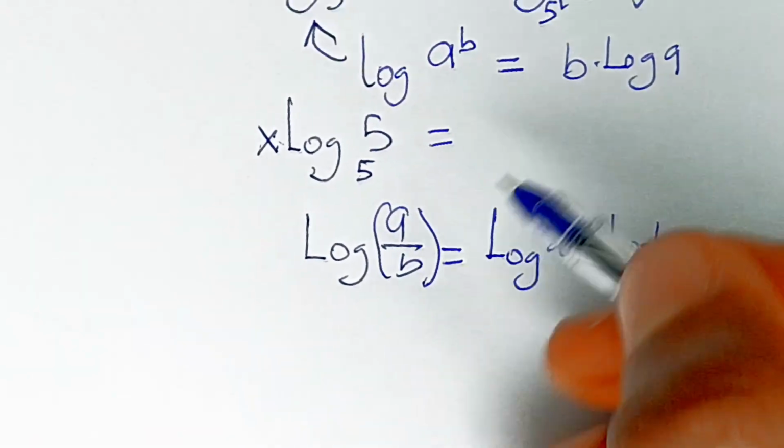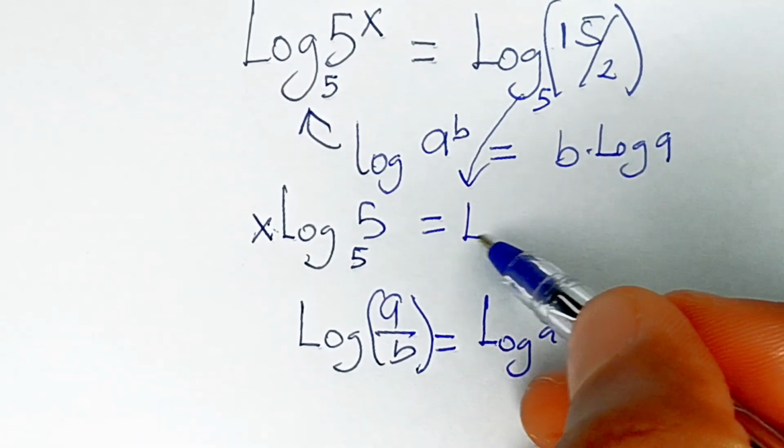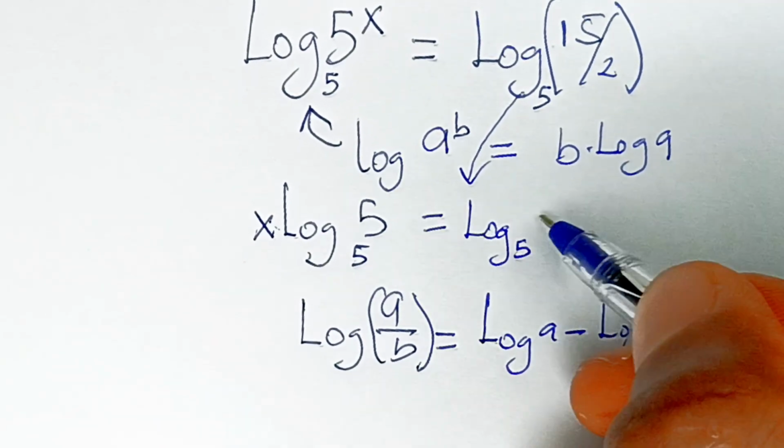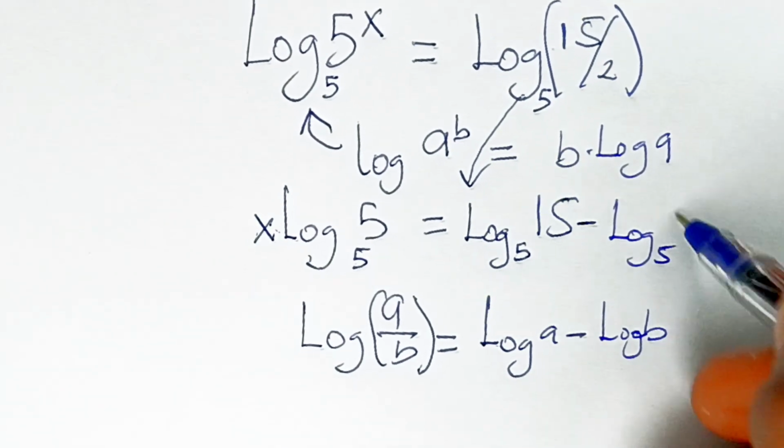Applying this law here, this now becomes logarithm in base 5 of 15 minus logarithm in base 5 of 2.